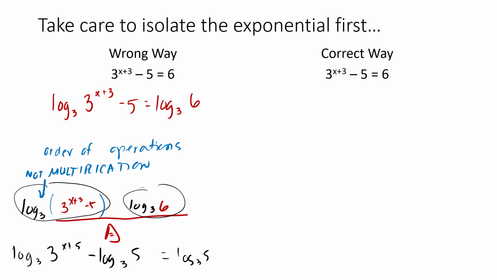Distribution is when you distribute multiplication over adding or subtracting. There are a couple of other things that we do in math that look like distribution, but we've really got to be sensitive to what is happening. And so we had a x plus 3 with the base of 3, but the 5 is not being touched.